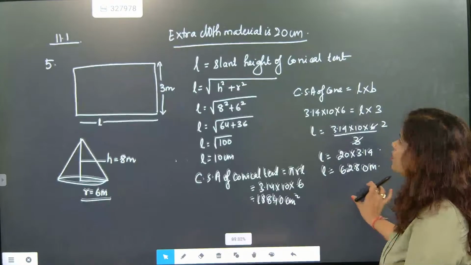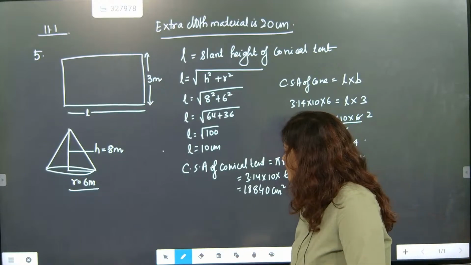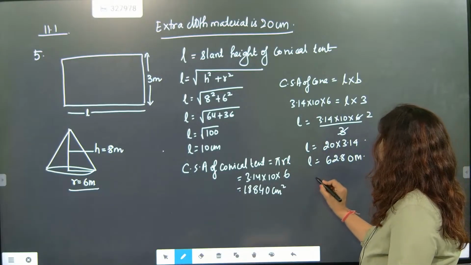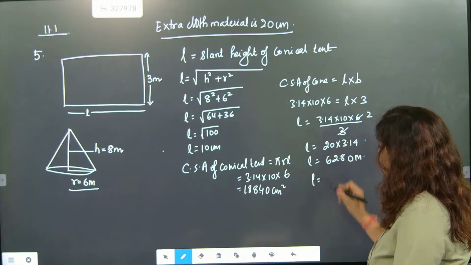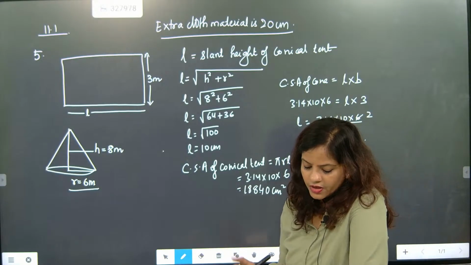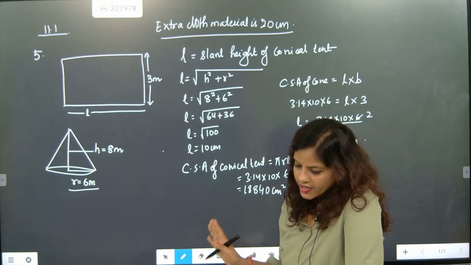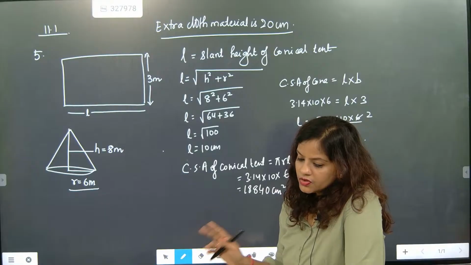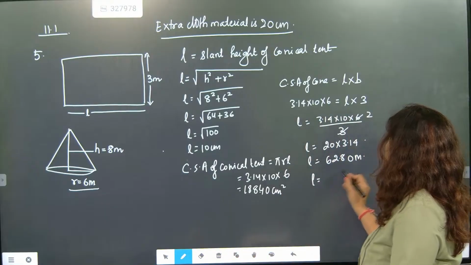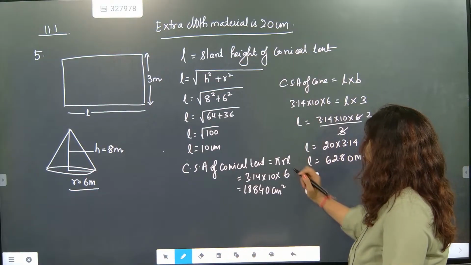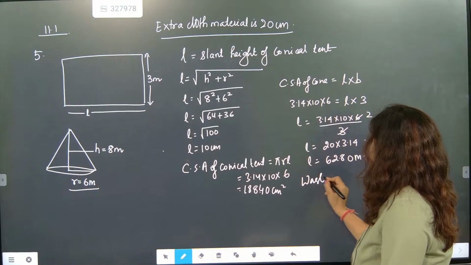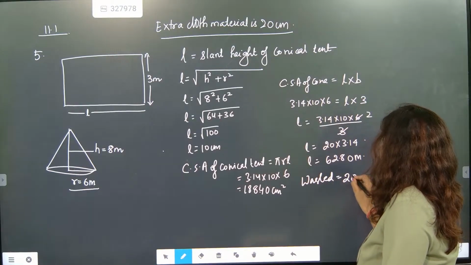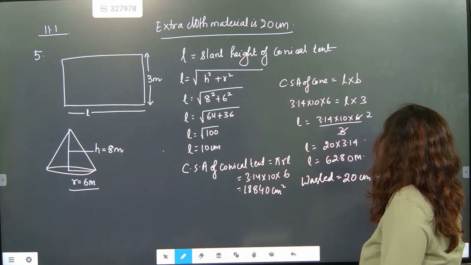Whatever is wasted, we are going to write down that one. So 62.8 is there, correct? Now the extra length, the wasted part, is 20 centimeter, that is 0.2 meter.